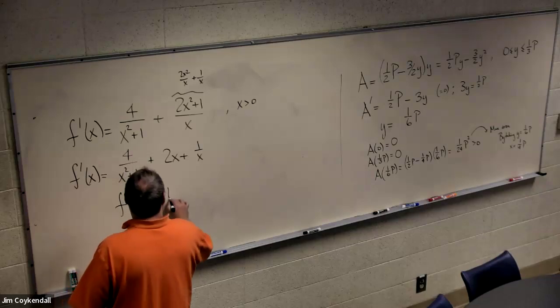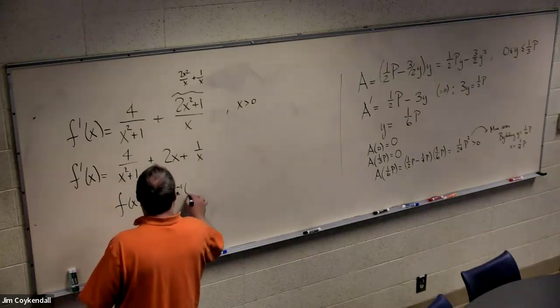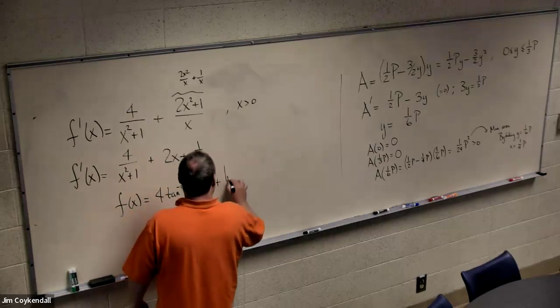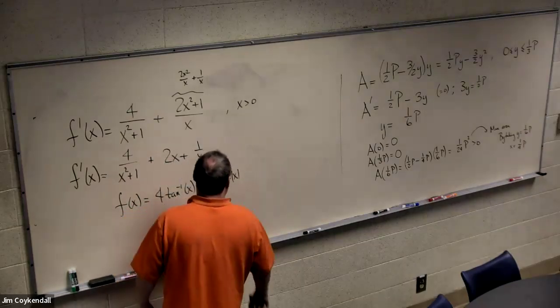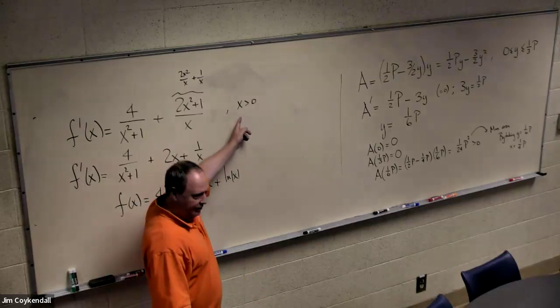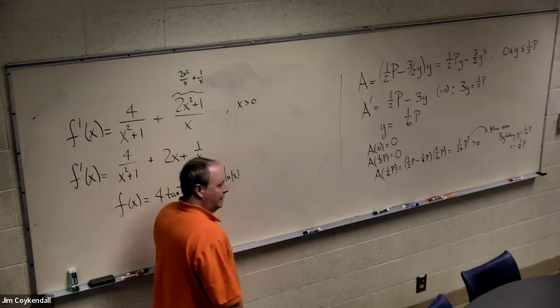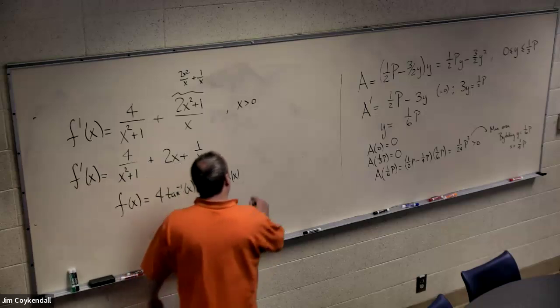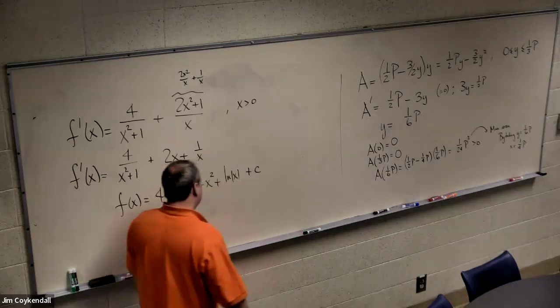This is 4 inverse tangent of x plus x squared plus natural log of x. And actually, you don't really have to write the absolute value because x is bigger than 0. And I forgot something. I did say the most general form.